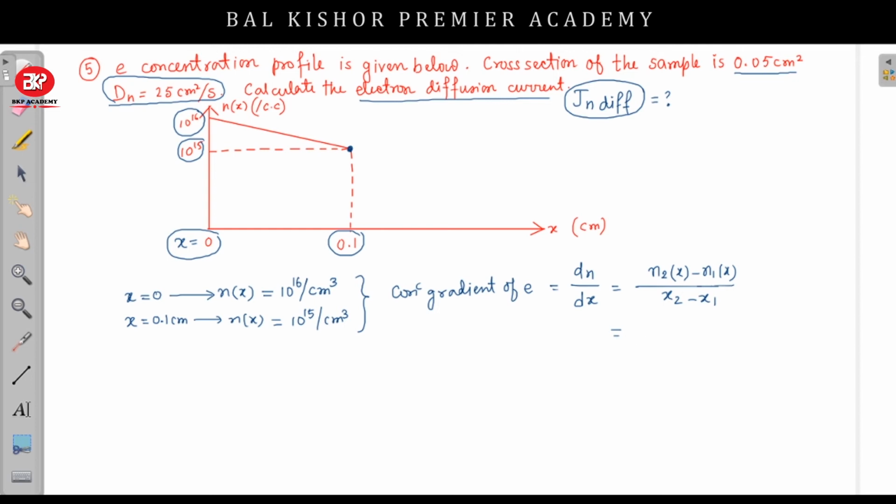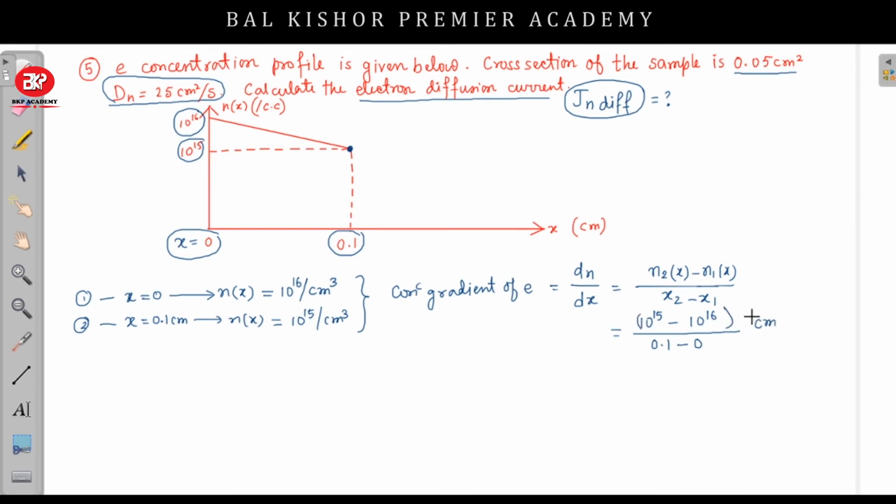So let us put the value. This is the second case, and let us take the other as the first case. So my n2 will be 10 to the power 15 minus 10 to the power 16, and the x2 value is 0.1 centimeter minus 0, in centimeter.